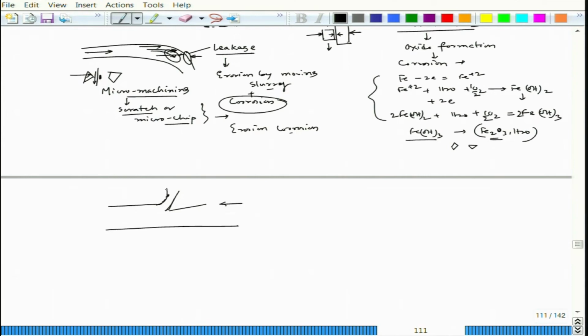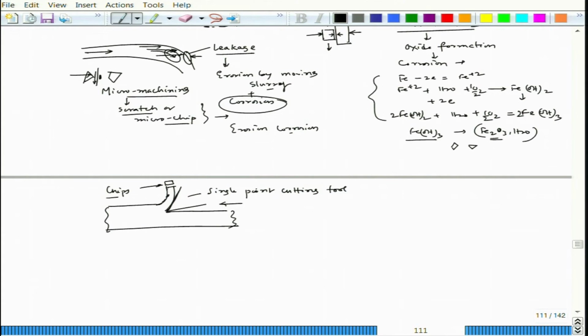Chip will be forming, like that way. So, this is the single point cutting tool. Fine, and this is the material which is machined, and these are the chips. Fine. So, these chips are forming because of the machining effect.